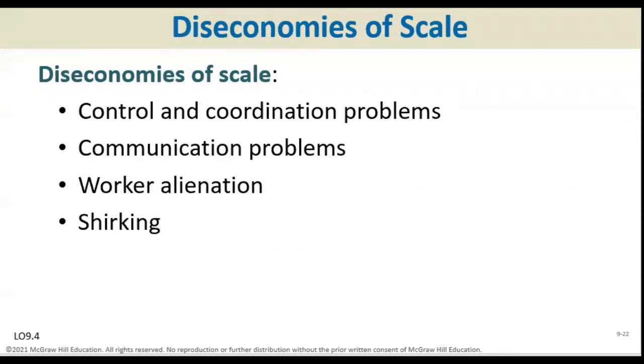Now, diseconomies of scale happen if a firm becomes too large, for instance. As the firm expands over time, right, the expansion may lead to a higher average total cost.